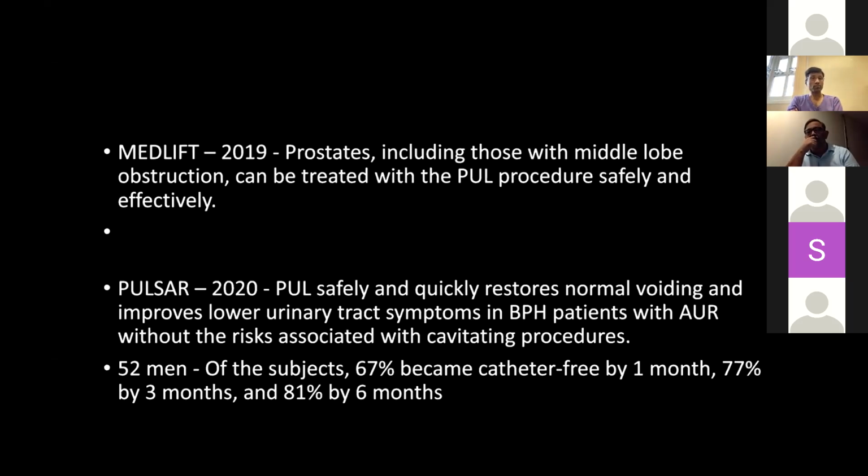The other indication, or the other place where UroLift has a role, is even prior to medical management. I think there are patients, and when you counsel them that tamsulosin can cause retrograde ejaculation and finasteride can cause erectile dysfunction, there is a small portion of patients who, off the cuff, are not keen to start medical management. So there is a small select group of patients who can have UroLift as a procedure before even medical management.